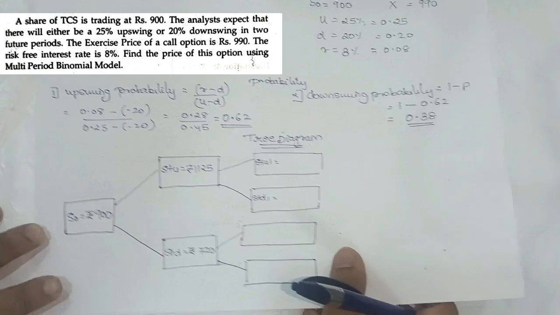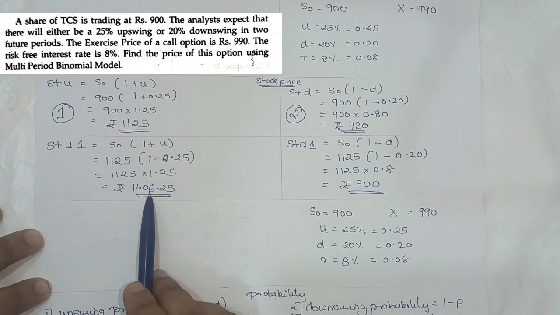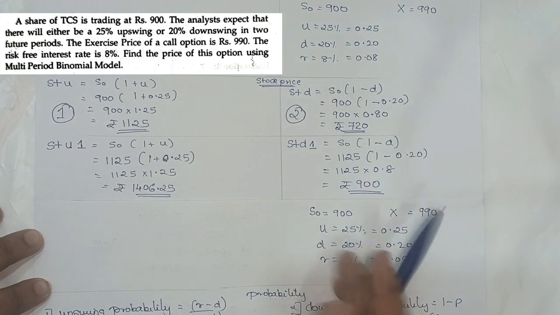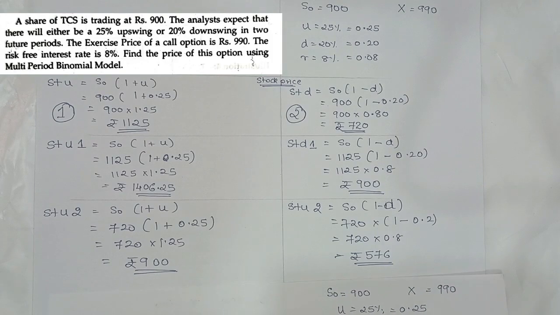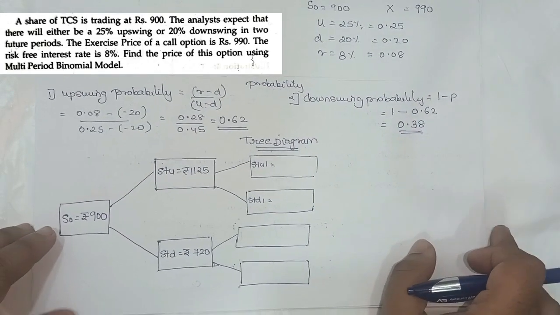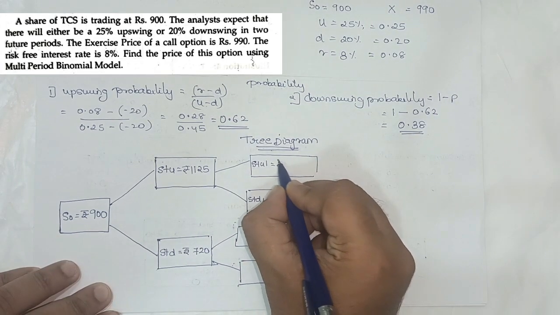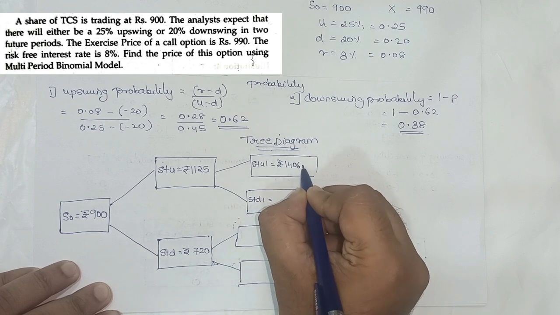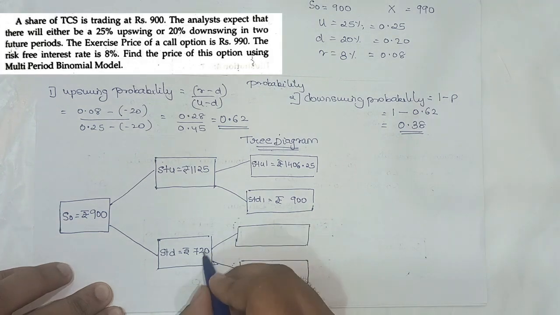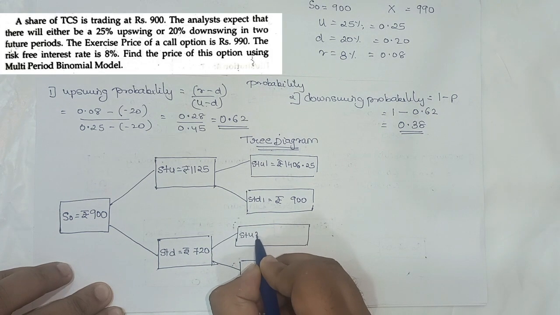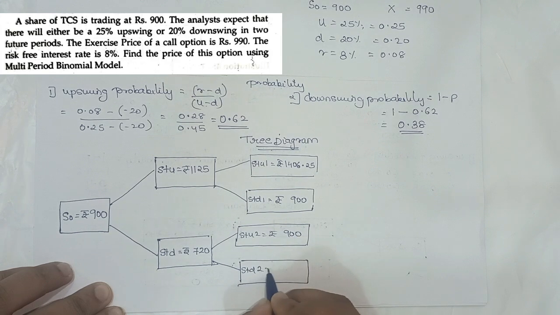If we go back, STU1 was 1406.25 and 900, and S2U2 was 900 and 576. So that is what we note down here. Here it is rupees 1406.25 and rupees 900. Same way for 720 there were two options: S2U2 was rupees 900 and the second one was STD2, which was rupees 576.